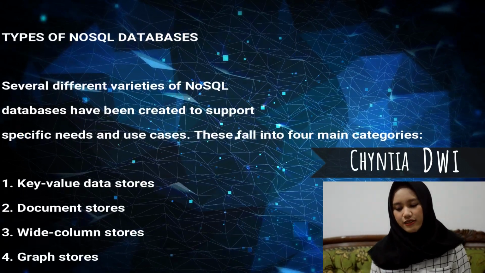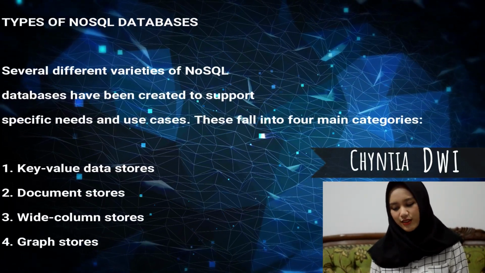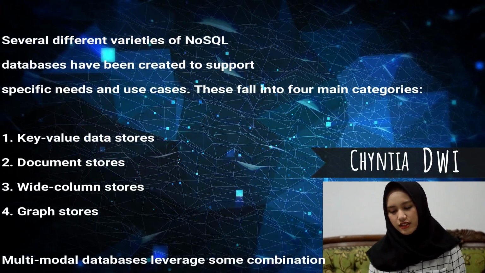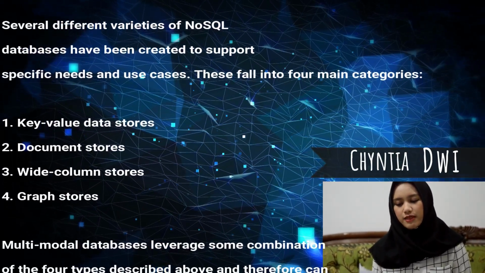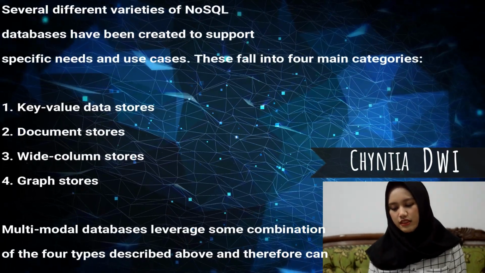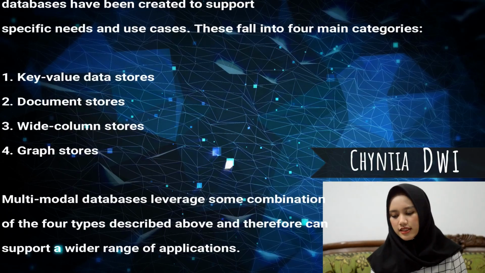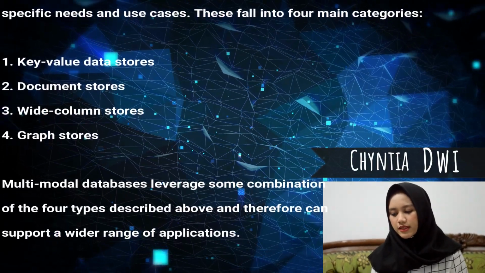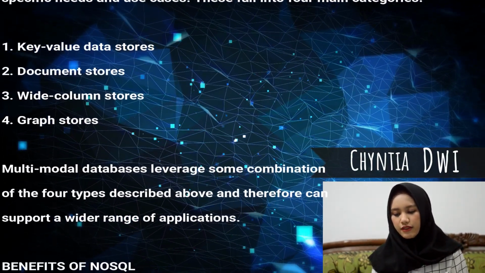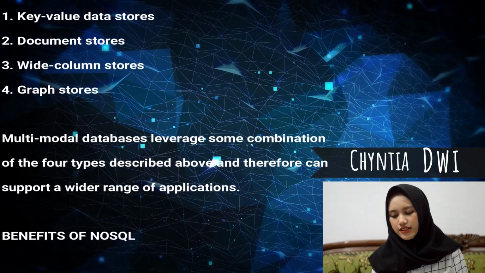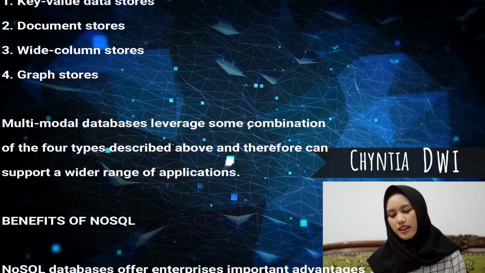Key-value data store. 2. Document stores. 3. Wide-column stores. 4. Graph stores. Multimodal databases combine some of the four types described above and therefore can support a wider range of applications.